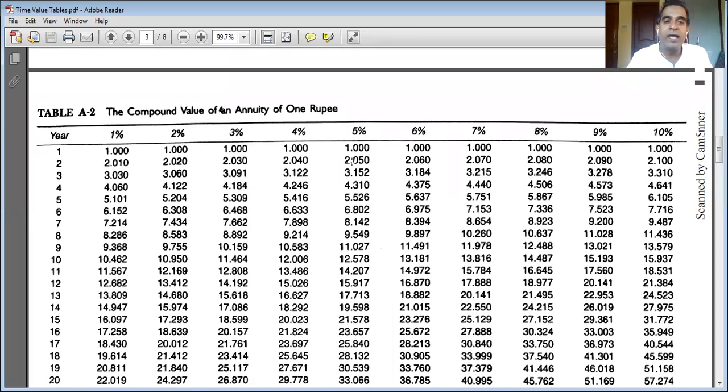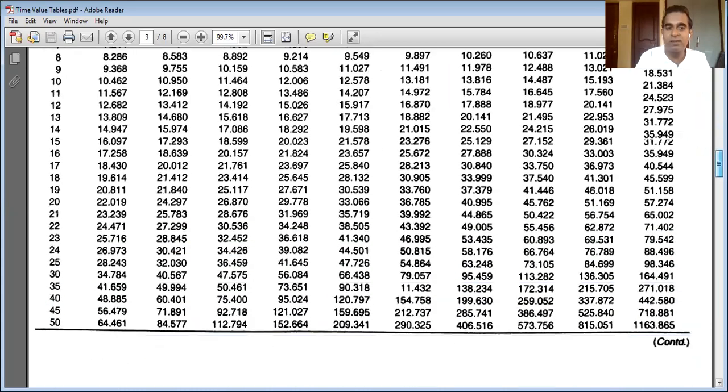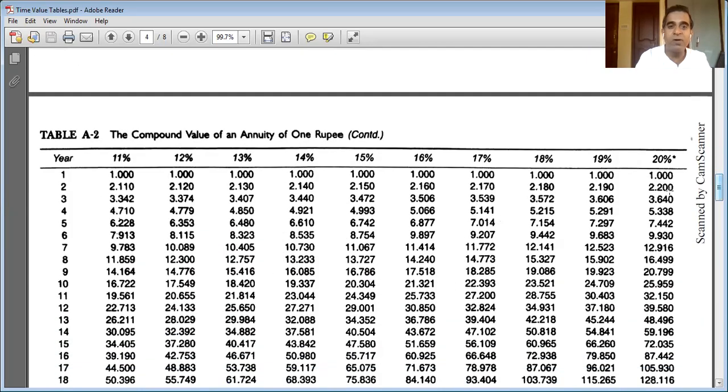So the 10 lakh rupees future value of annuity Sn divided by A, the annuity, has given us the answer 12.5, the compound value factor of an annuity. We know the rate of interest, it was 14%. So in the 14% column, I'll go on looking for 12.5 or the value closest to 12.5.